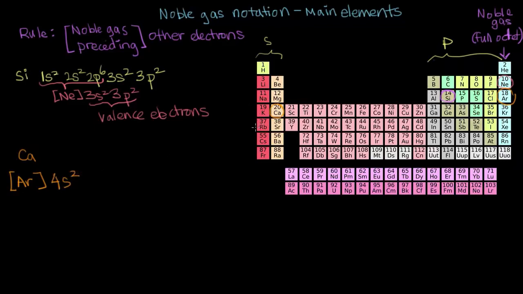Does calcium have a full octet? We know that these are the valence electrons. We also know that if it did have a full octet, it would actually already have a noble gas configuration. So it would either have krypton or argon, and in this case, it turns out that calcium prefers to lose 2 electrons as opposed to gaining a bunch.